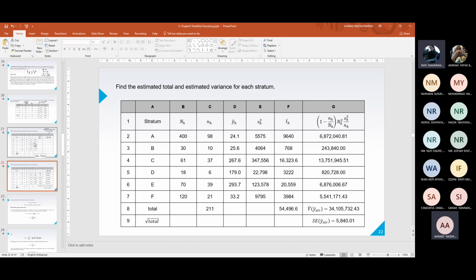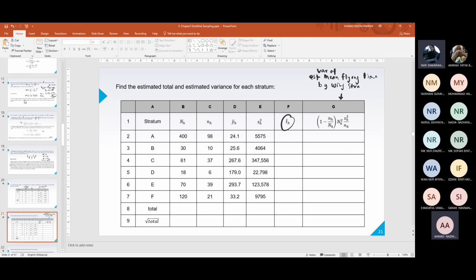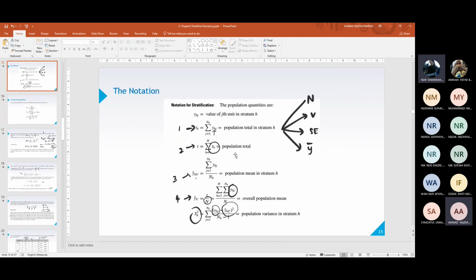Okay, before I move further, let's recap what each notation is. This time I will explain in bahasa Melayu, because we want to recap.